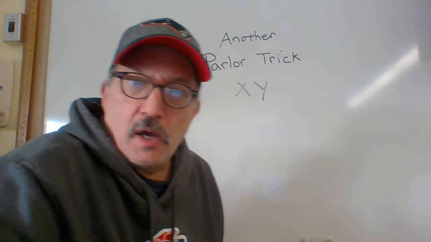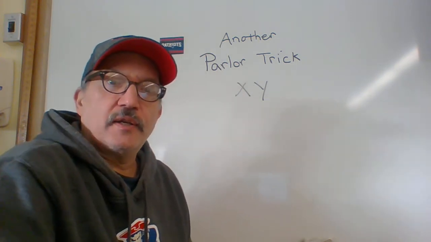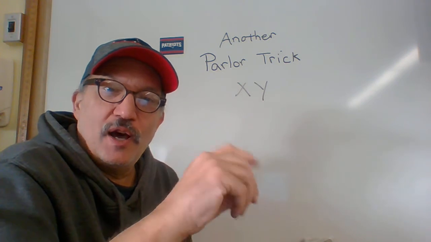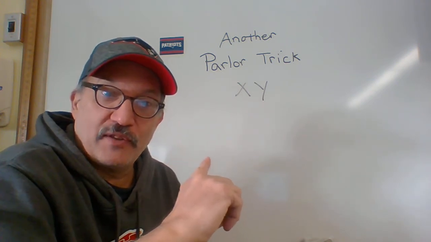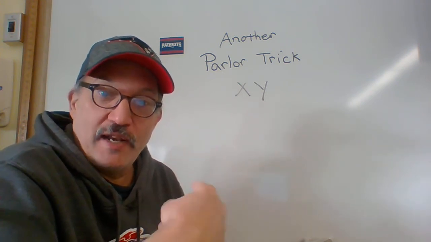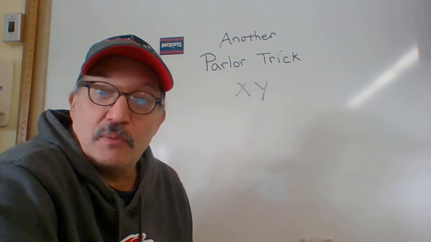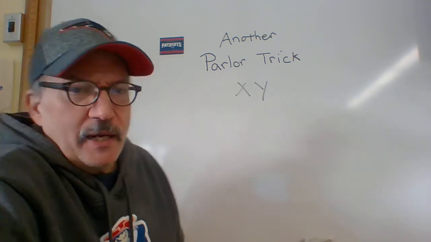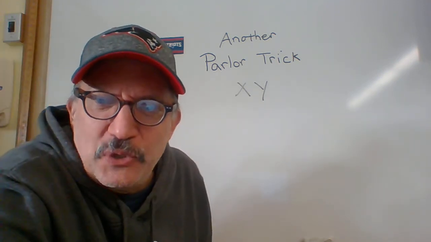In order to demonstrate this trick, I have to ask you to ignore the fact that the x and the y are right next to each other, and ordinarily that means multiply. And I hate to do this, but I can't think of another way to do it.